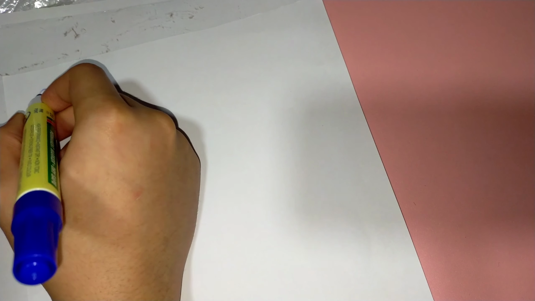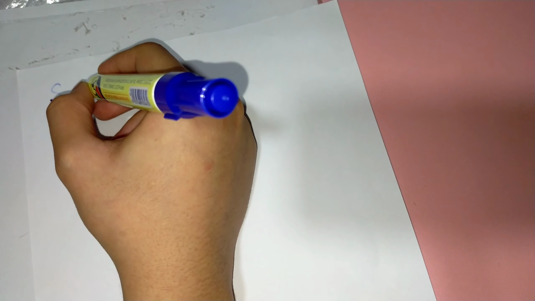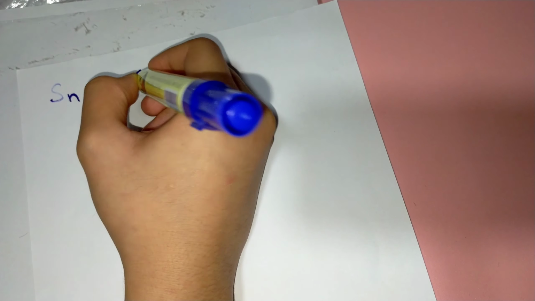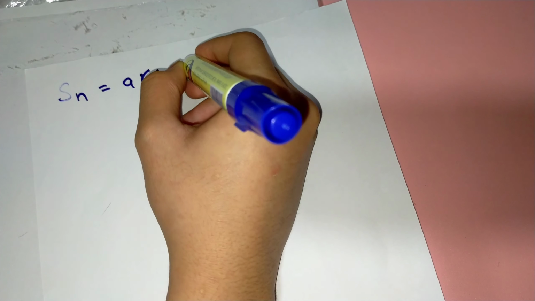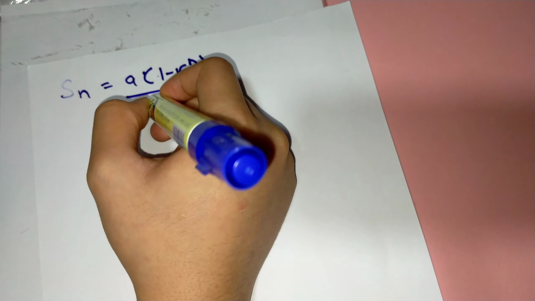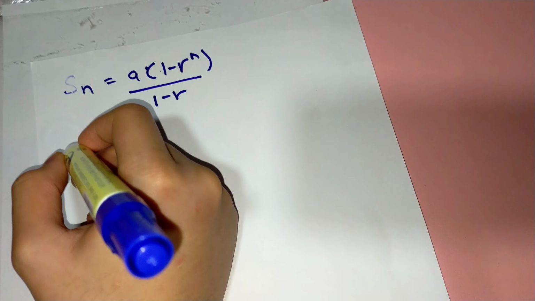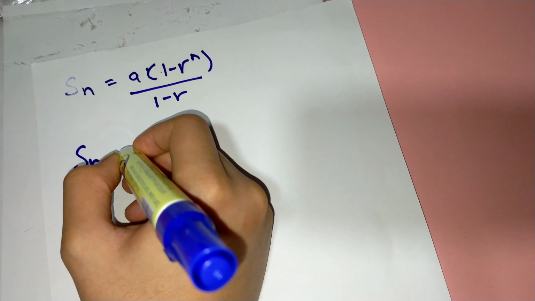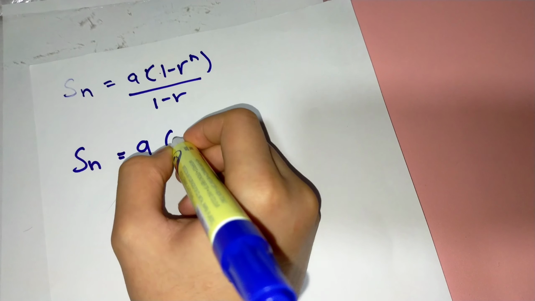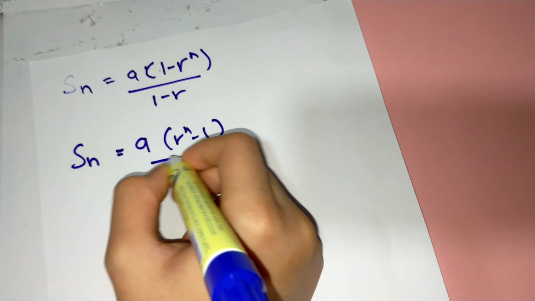The formula for the sum of the terms is divided into two formulas. Sn equals a(1 minus r^n) over 1 minus r, and Sn equals a(r^n minus 1) over r minus 1.